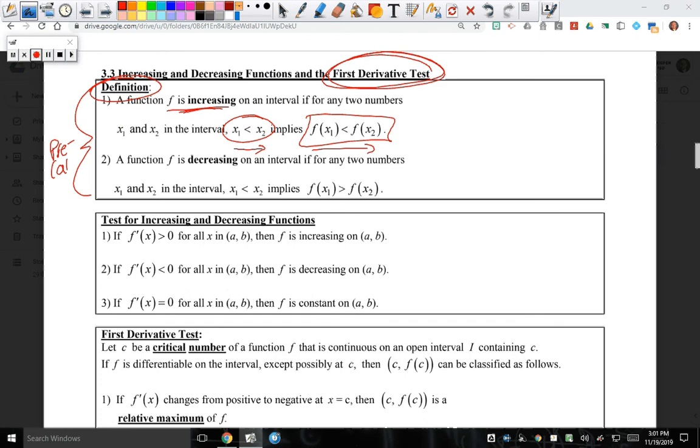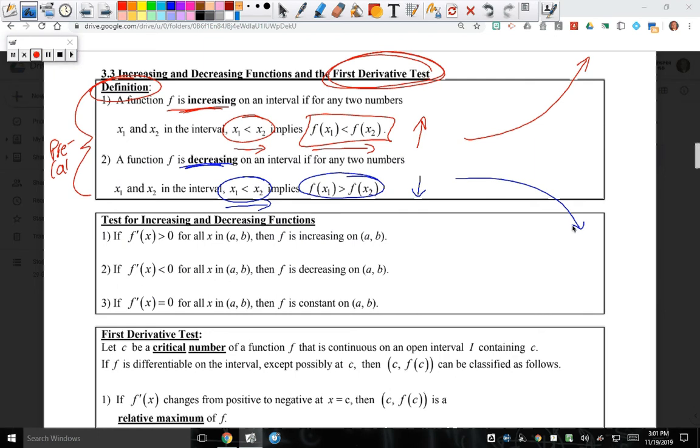But it will be decreasing between two numbers as you go to the right if the y values are going down. So visually, this is going down, and visually the y values would go up. That would be like a graph that looks like this, and this would be a graph that looks like that. That goes without saying. Now, let me show you an analogy that I used this morning.